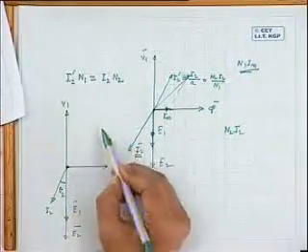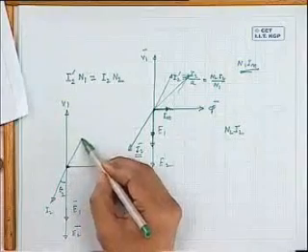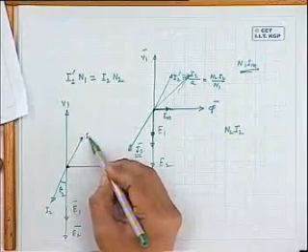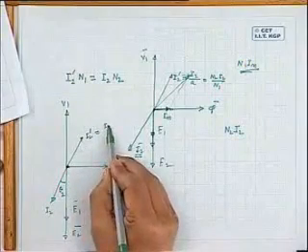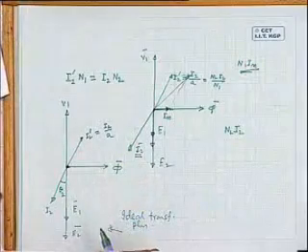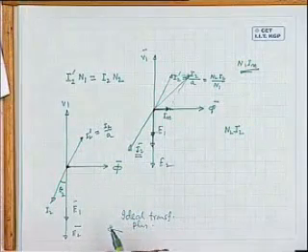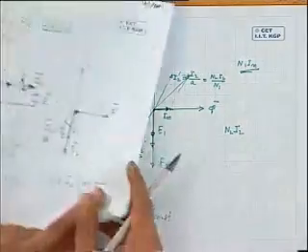And what will be the primary current drawn? To that initial 0 current, I have to add I2 dashed. Now it is 0, so it will be just like this. On the same line you extend this, I will call it I2 dashed, and this will be equal to I2 by A, where A is the turns ratio of the transformer I defined last time.